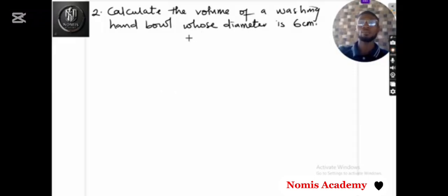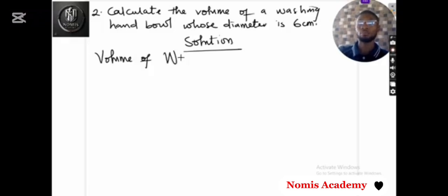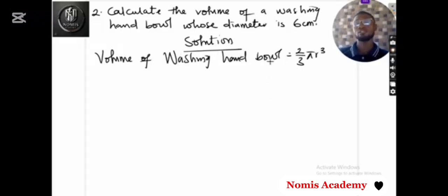we will take it under the formula of volume of hemisphere to calculate the volume of the washing hand bowl. So we will say that the volume of the washing hand bowl is equal to 2 over 3 pi r cube. However, r is not given in the question.